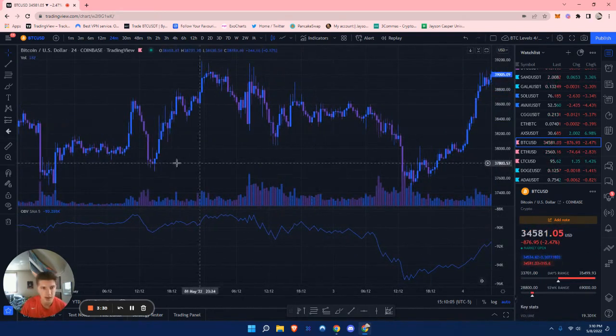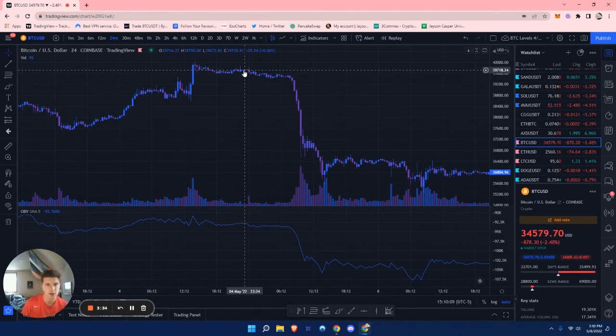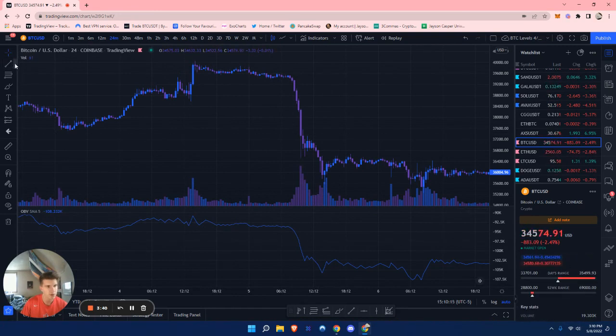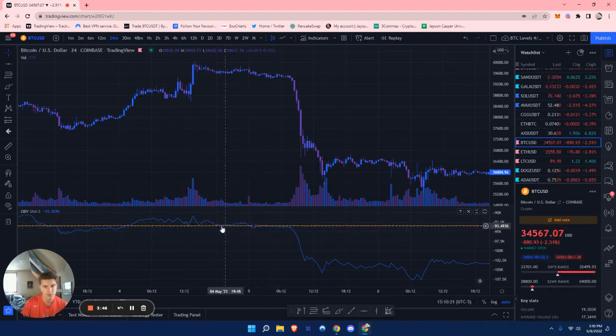So what you want to look for when you're trading locally is ranges, a sideways market. Here is a good example again, where we have a horizontal line. On balance volume is trading horizontally, same as price.